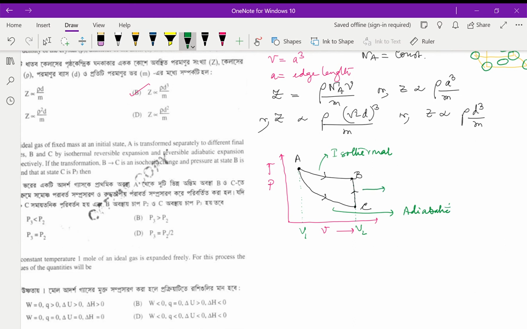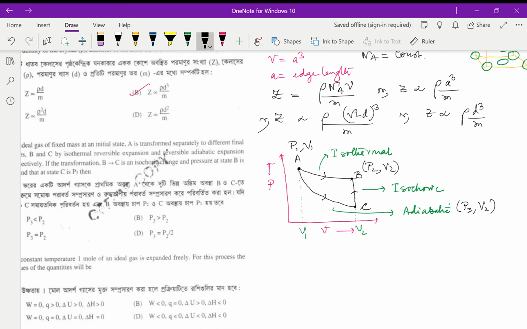See, V remains as V, so obviously this is isochoric. Now, assume when it was A state, it was P1, V1. When it is going to state B, it is P2, V2, but when it is going to state C, it is P3, V2.